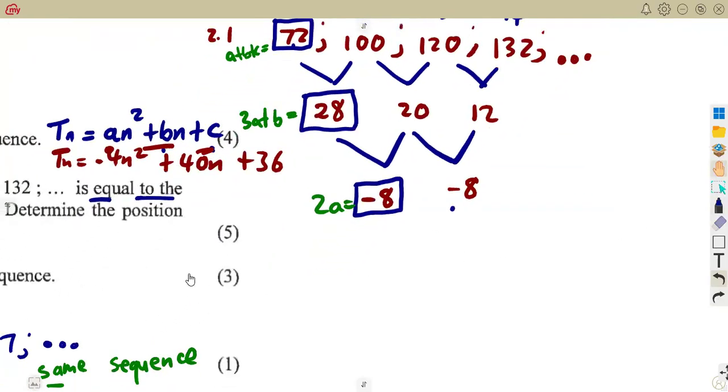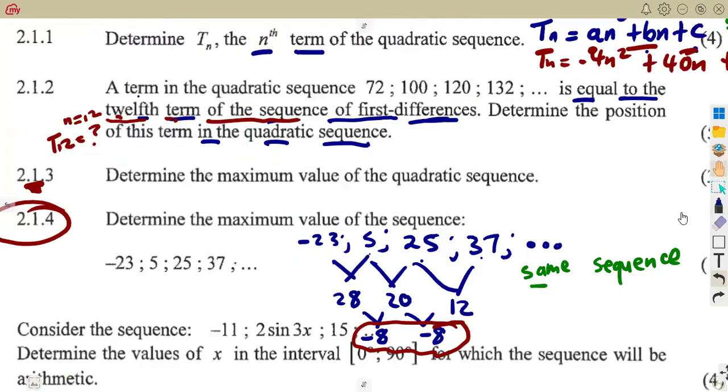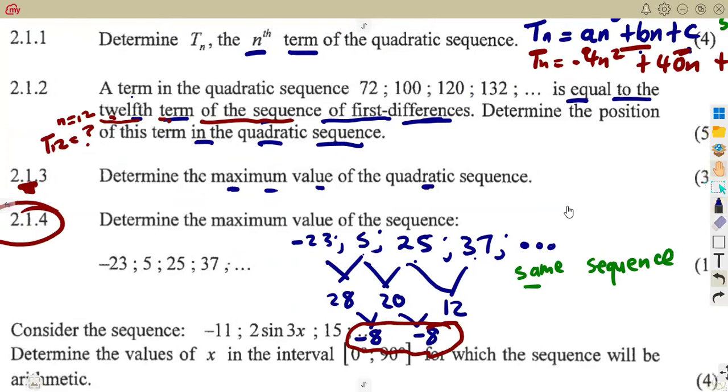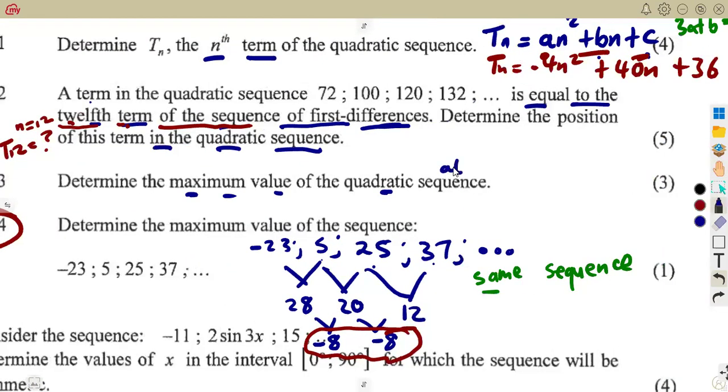But remember, when we determined the maximum value of the quadratic, it was at n equal to 5. Then we substituted that value to find T5, which gave us 136. It was at n equal to 5, which means it was the fifth value.